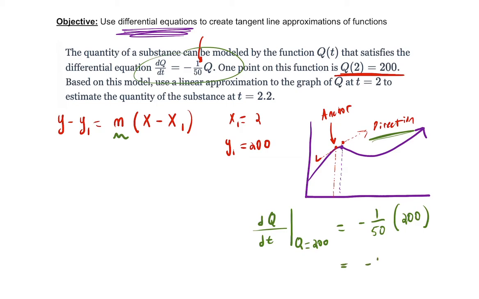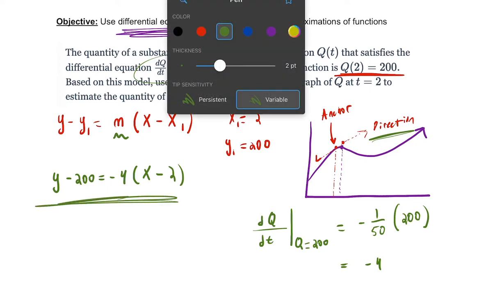In this case it is negative 4. And so what we'd have here, we'd have y minus 200 equals the derivative, negative 4 times x minus 2. And remember the way we did these before, this is the equation of that tangent line at x equals 2.